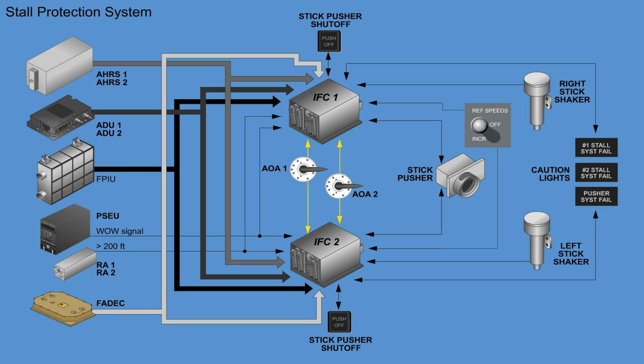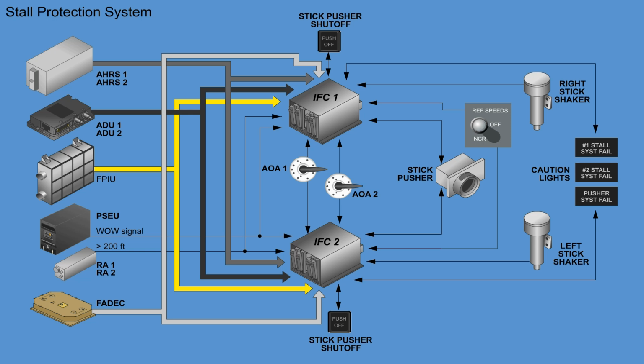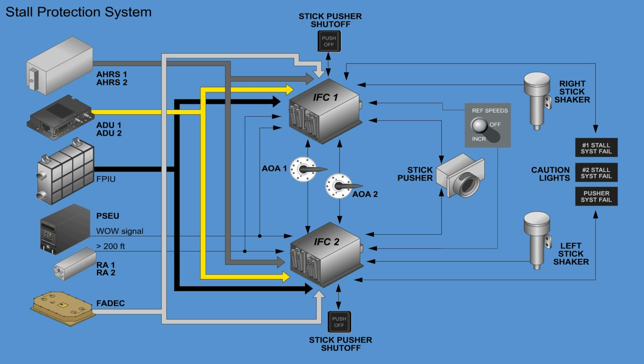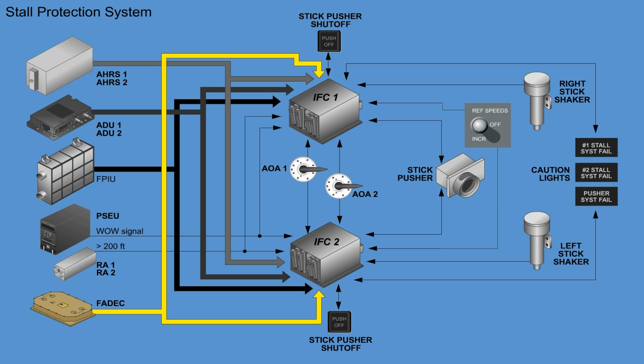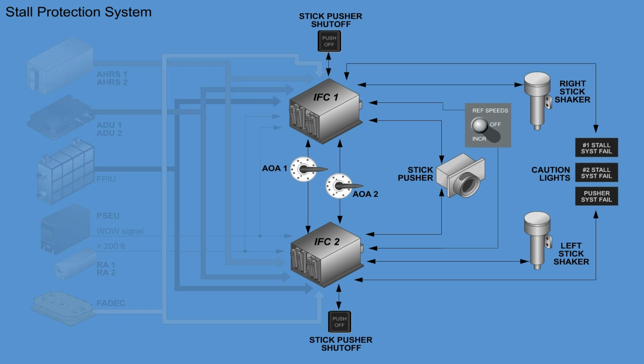Angle of attack, flap position, Mach number, power lever angle, condition lever angle, and icing status. The stall protection modules calculate when to start and when to cancel the stick shaker and stick pusher operations.